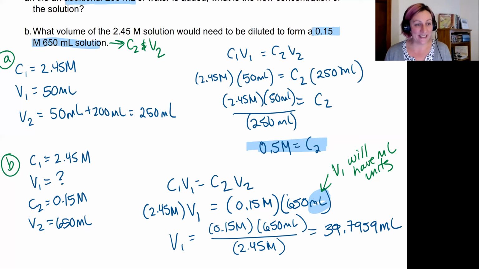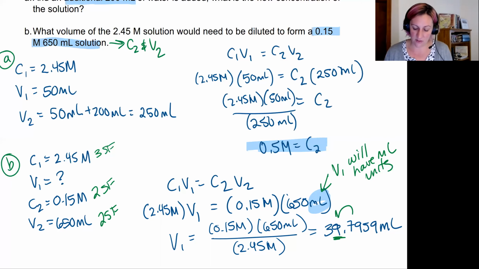What should it be? Let's go back and look. I've got 3 significant figures for my first concentration. I've got 2 for my second concentration, and I have 2 significant figures for my volume. Everything I'm doing is multiplication or division, so I need to report this to 2 significant figures.